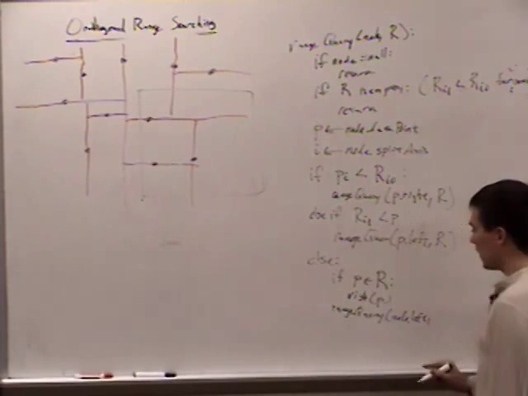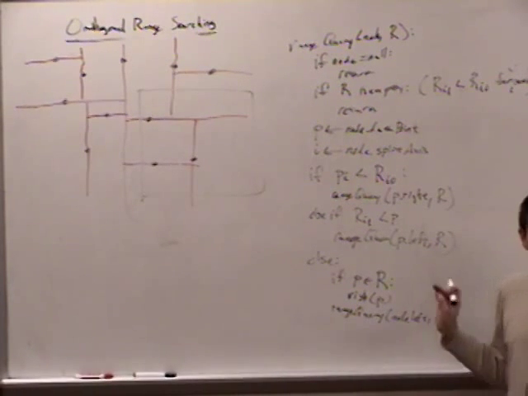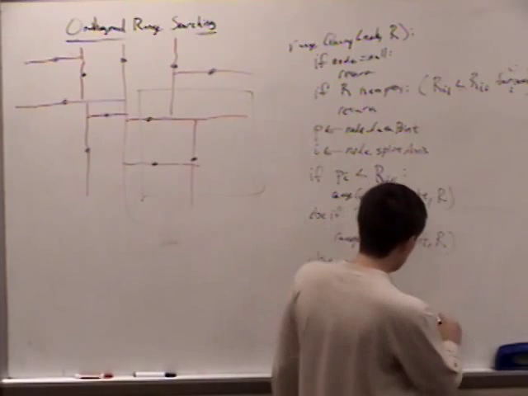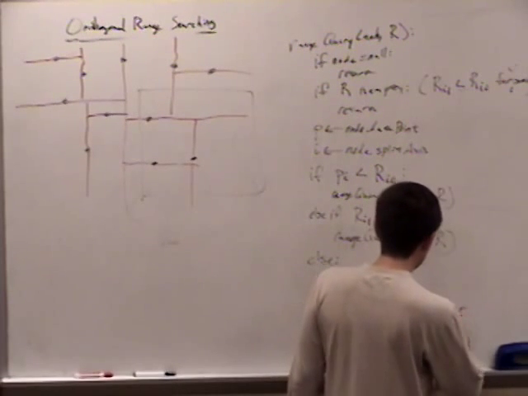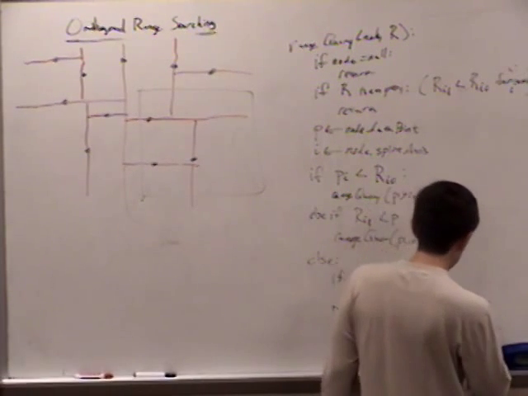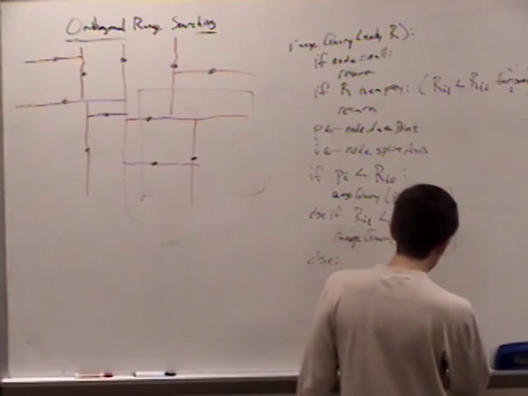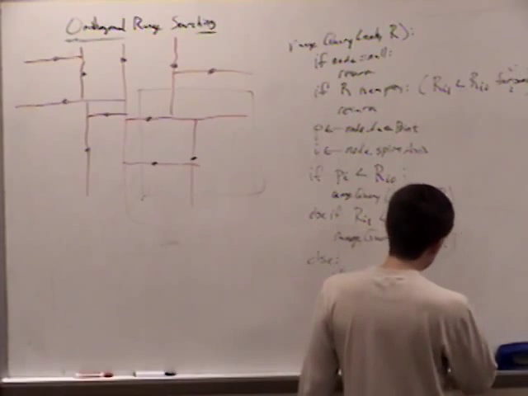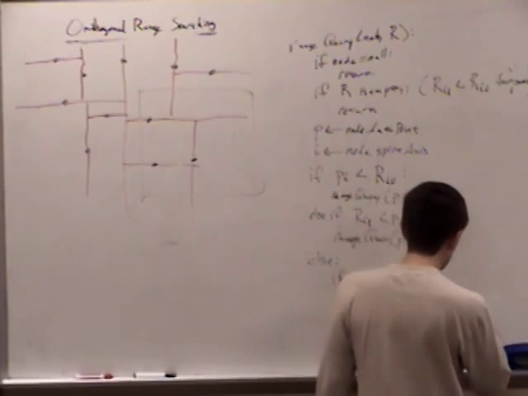And then what we have to do is trim the ith component of R, right? So we're going to basically take R intersected with the left half space, right?